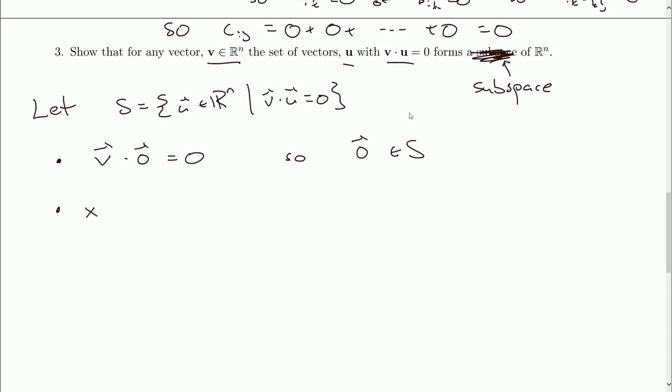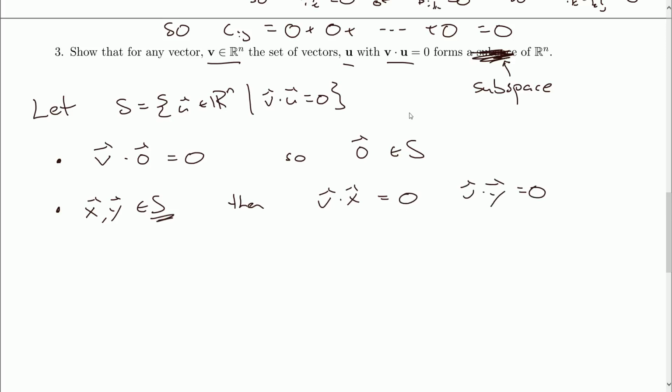Now suppose x and y were in S. We need to show that their sum is in S. So I'll make the quick observation that v dot x is 0 and v dot y is 0. Why?